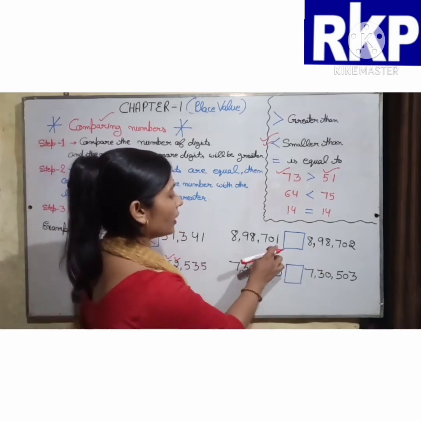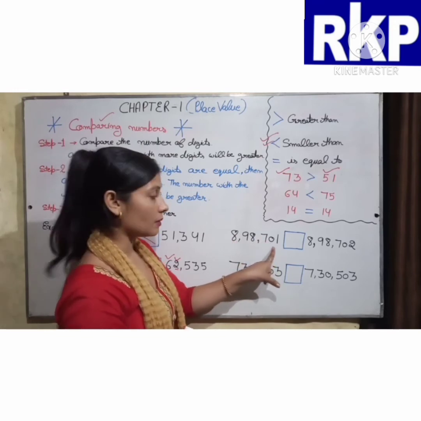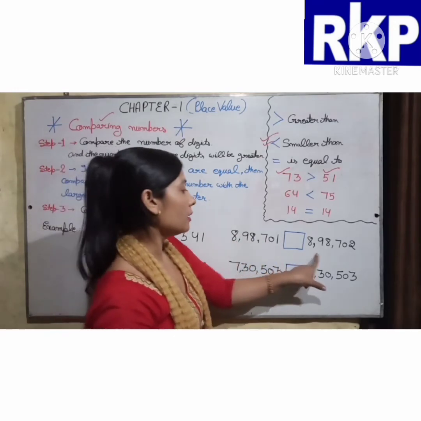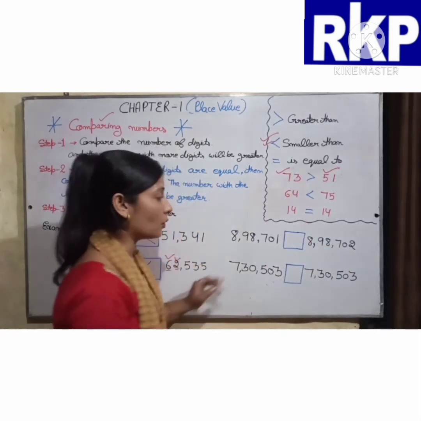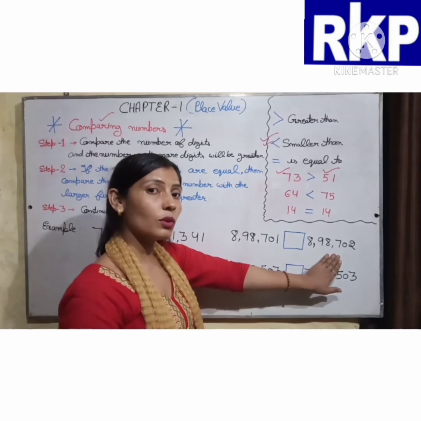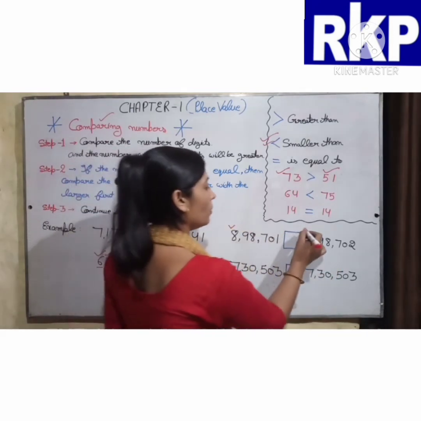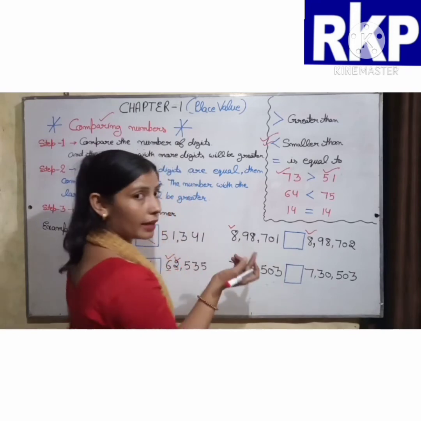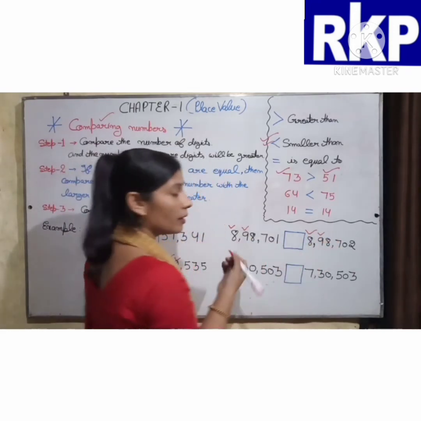Now let us see these numbers. Here we have 1, 2, 3, 4, 5, 6, 6 digits, and here also we have 6. So now we need to check first digit from left side, but here both are 8. Now we need to check next digit. Both are 9.